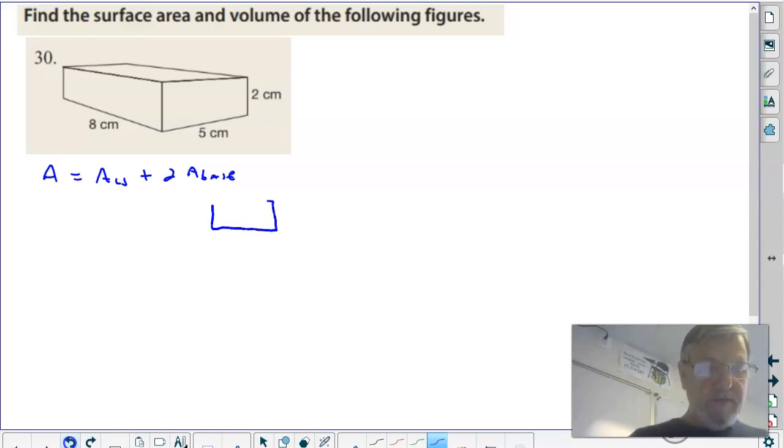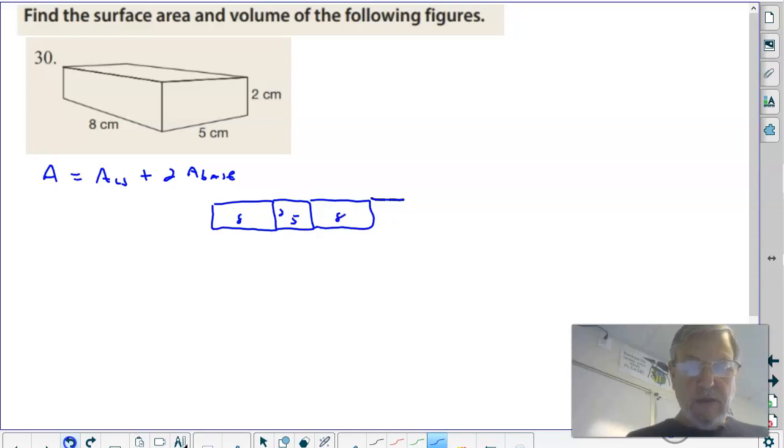So notice I have an 8 by 2, and then I'll have the 5 by 2, and then a second 8 by 2, and then the other side of the 5 by 2. You follow?